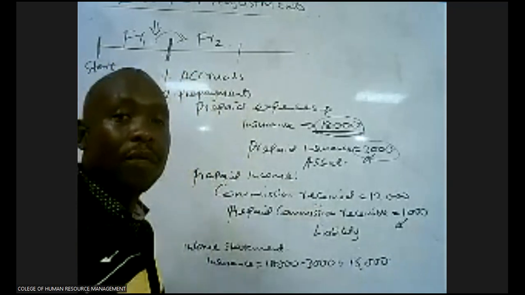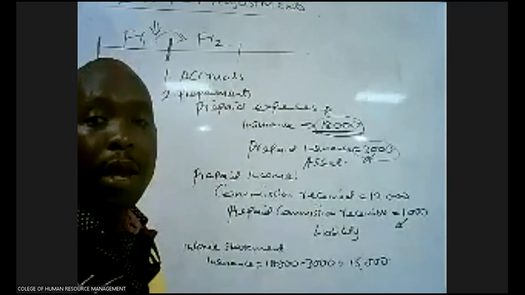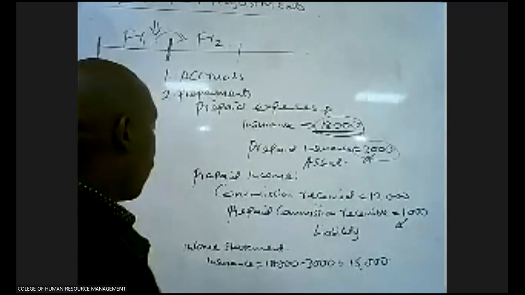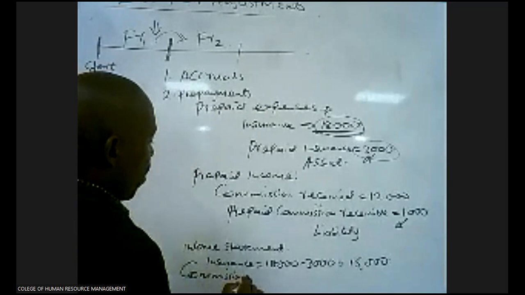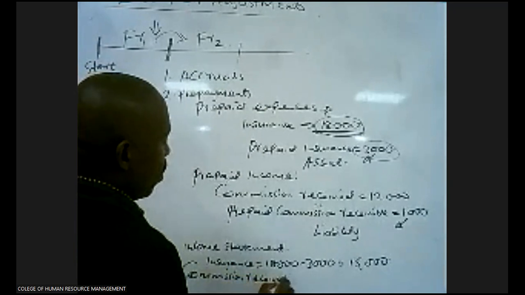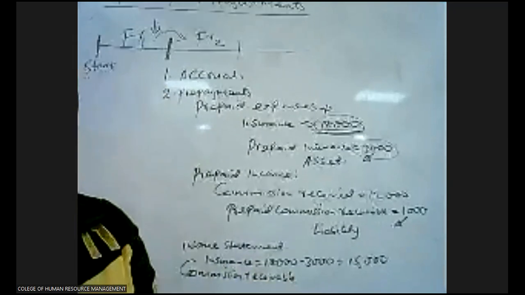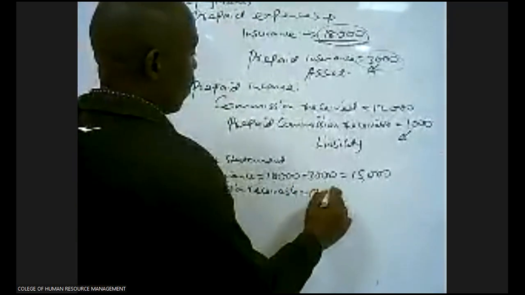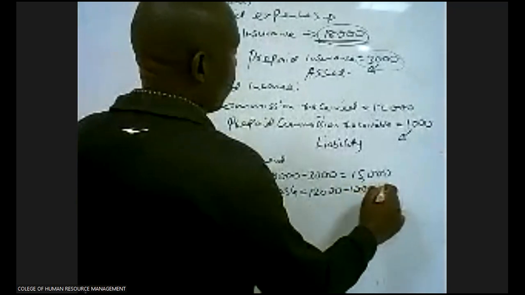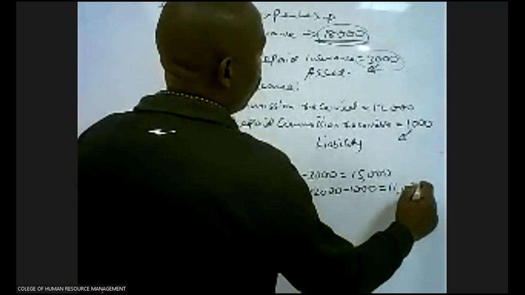We shall capture the actual amount that was payable that year. For the commission receivable, we shall do the same. How much did we receive? We received 12,000, but 1,000 was excess, so we record the actual amount which is what? 11,000.